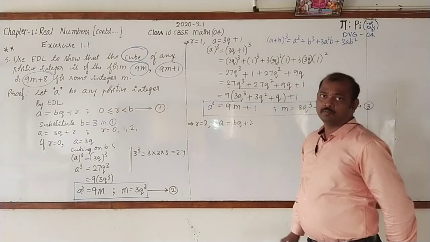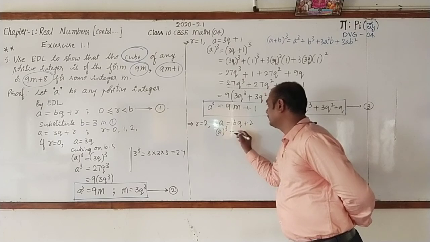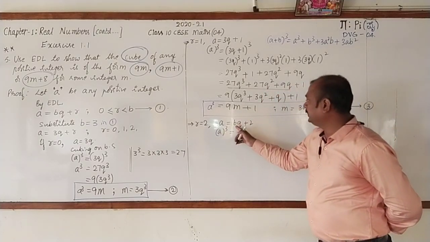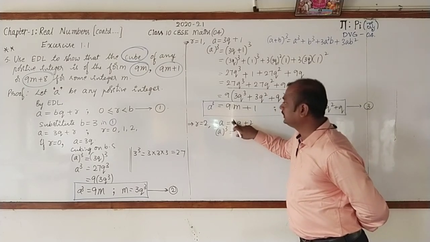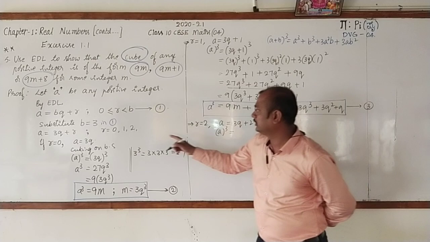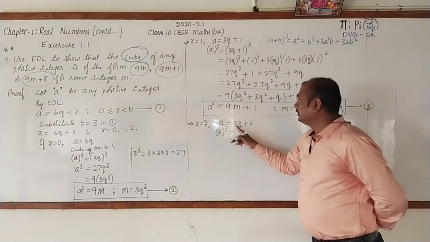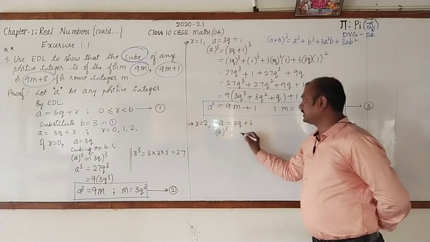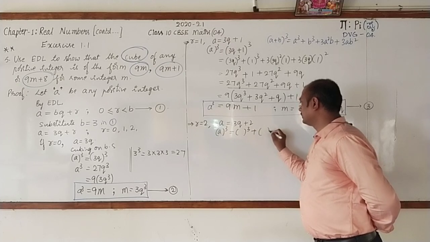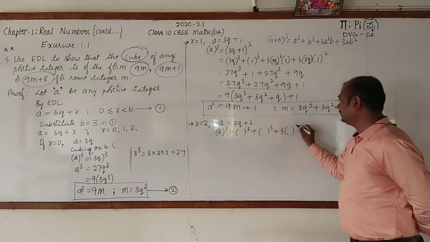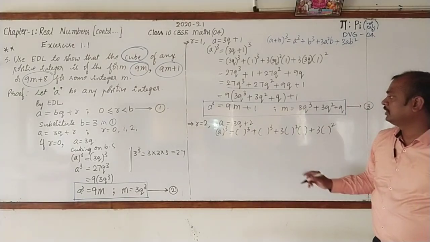Now cubing on both the sides. a whole cube, then 3q plus 2 whole cube. Sorry, what is b? It is 3q. Now, on applying cube on both the sides, we will get a cube plus b cube plus 3a square b plus 3ab square.